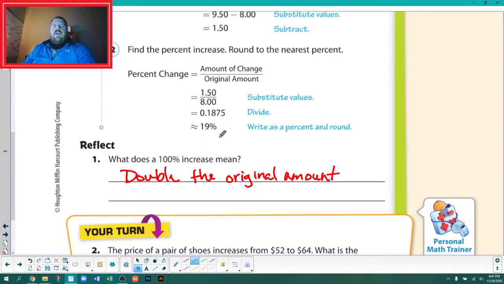Think about that. If this percentage was 100% and we back that up a little ways, that would mean that the amount of change is equal to the original amount. And if we back that up even farther, that means that the newer or greater value was twice as big as the original amount.